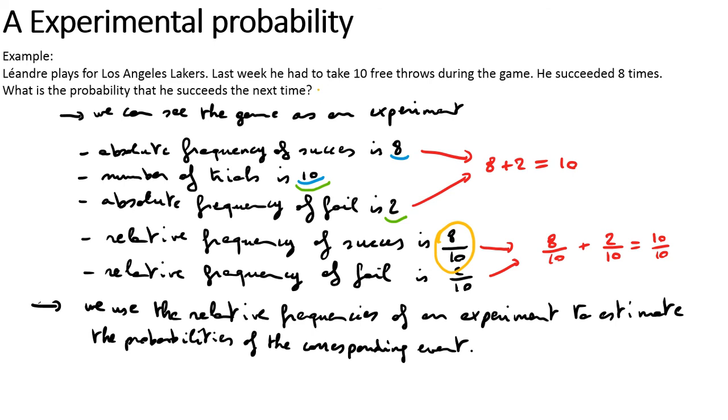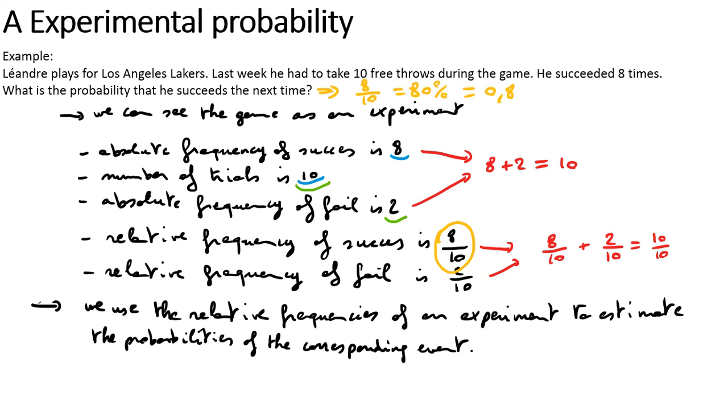So for this example, the probability that he succeeds the next time is 8 over 10, or we can also say 80%, or 0.8. And the probability that we just calculated is the experimental probability, because we calculated this probability by observing the results of the experiment.